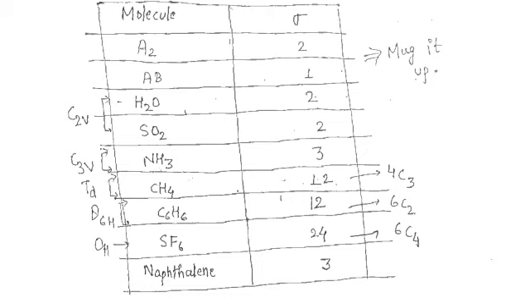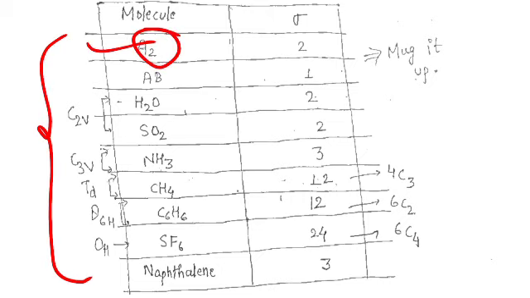If you just go through these values thoroughly, you will be able to understand it. For example, here A2 is given, a molecule of A2 type, like N2, H2, having sigma value 2. So you can easily memorize it: A2, its sigma value will be 2.